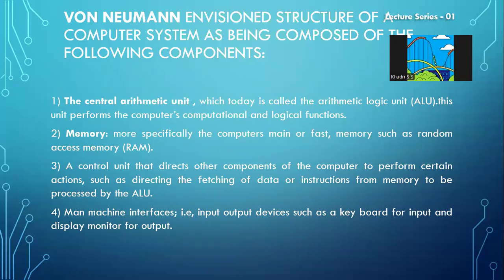And the fourth one is the man-machine interface, that is, input devices and output devices. We pass the instructions and get the output according to the instructions. That is called input and output devices, such as a keyboard for input and a monitor for displaying output.